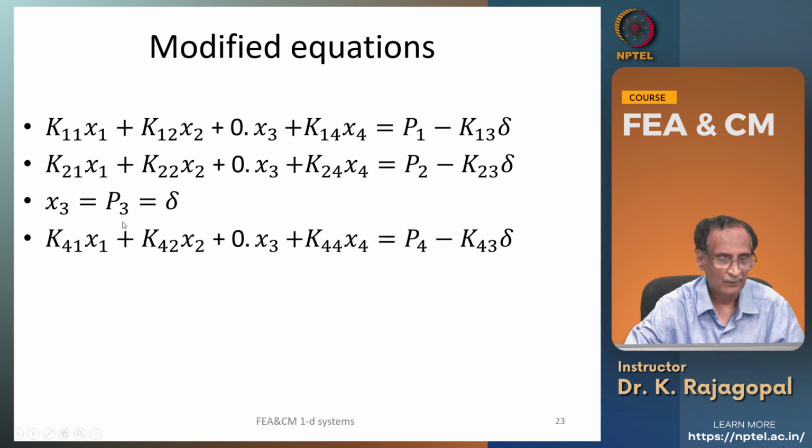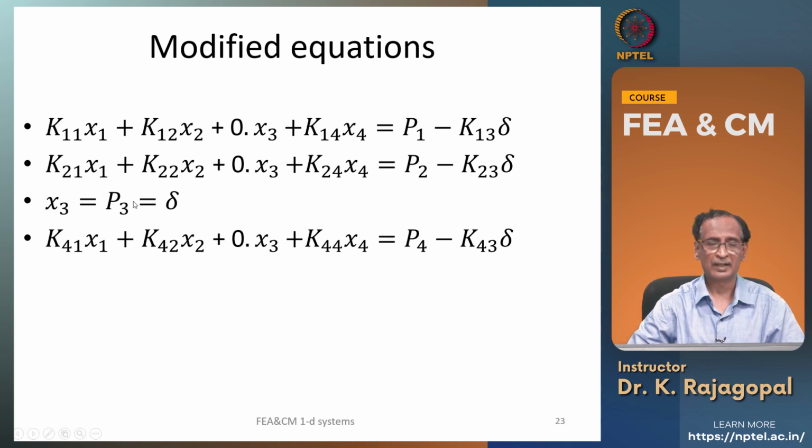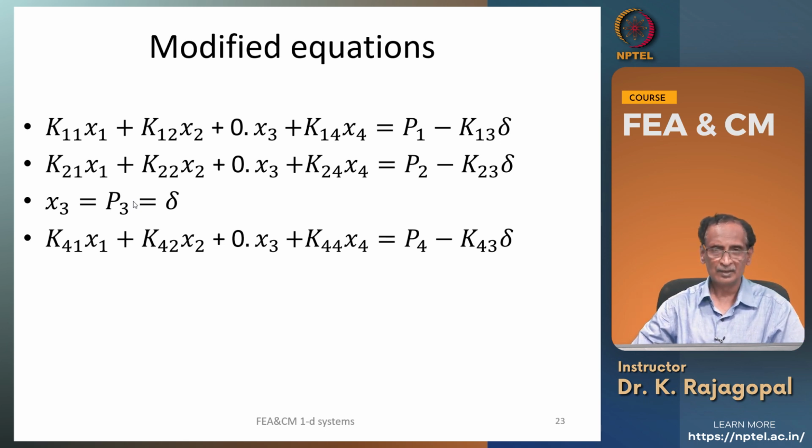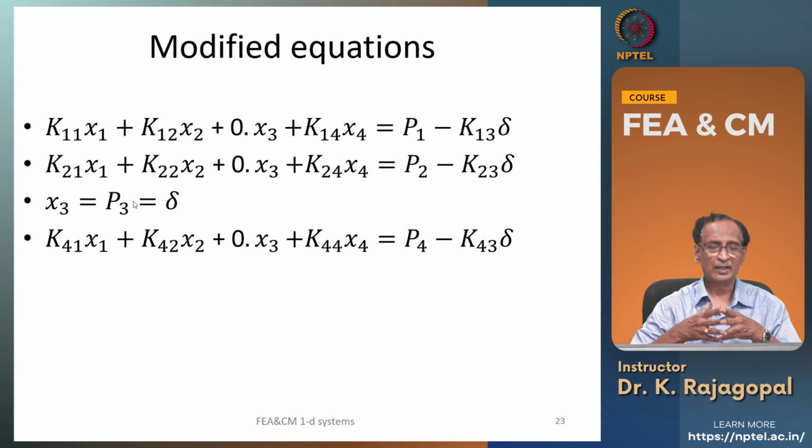And then the fourth equation is k41 x1 plus k42 x2 plus 0 times x3 plus k44 x4 is P4 minus k43 delta. And our third equation is a trivial equation that x3 is equal to delta. So, you might ask, since we already know x3, why do we need to have this in the system of equations?